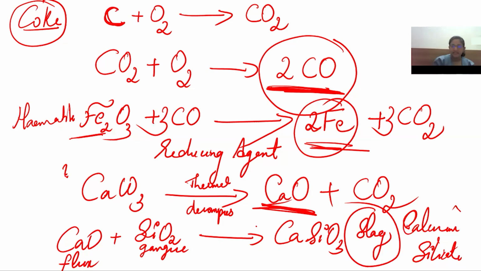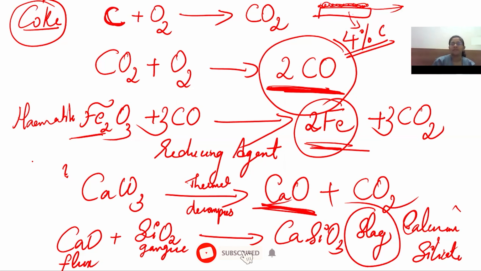Now we have to study this. We got the iron and the slag is removed. This is the iron piece we get. Here you can see that slag, we can remove it very easily, and you get the iron. And after getting this iron, it still has some impurity, about 4% carbon.